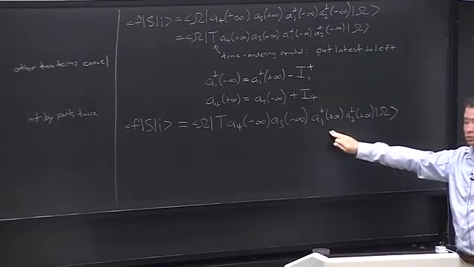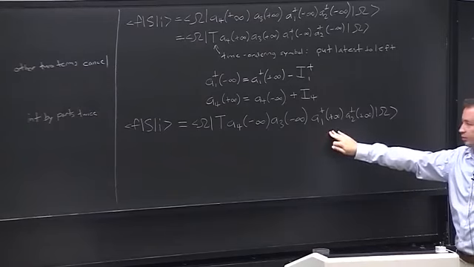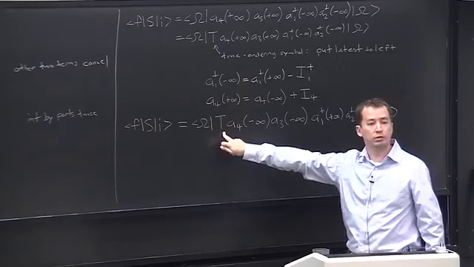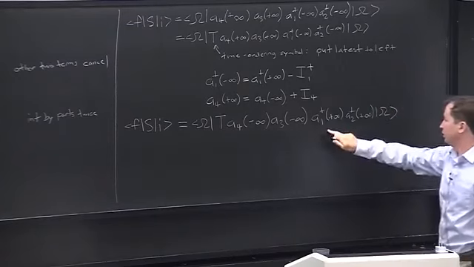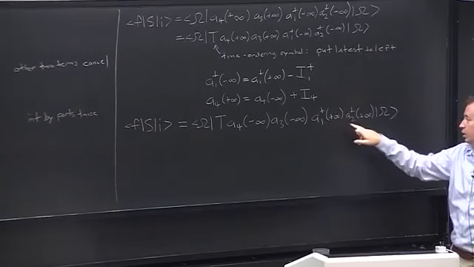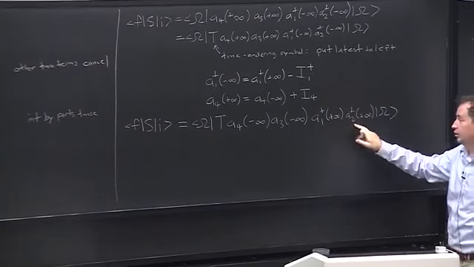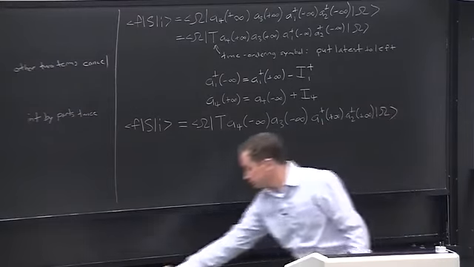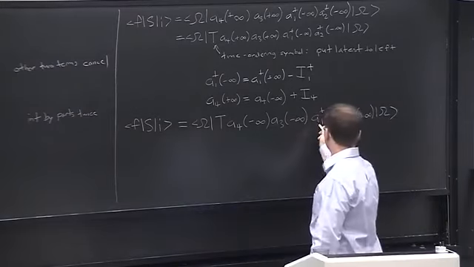And this term is a simple one to evaluate. It's time ordered. It means we put the latest operators to the left. The latest operators here are these A1 dagger and A2 dagger. So those should be moved over here.